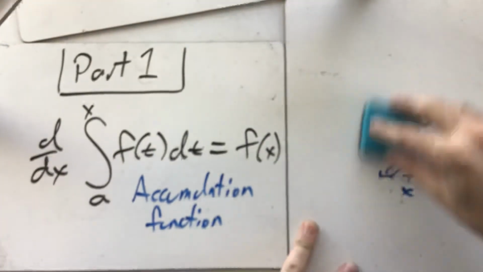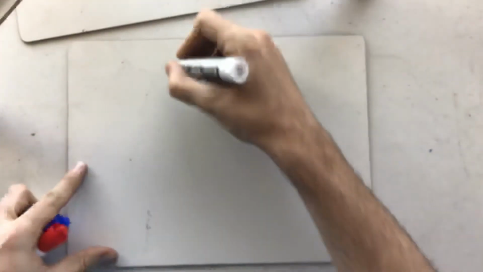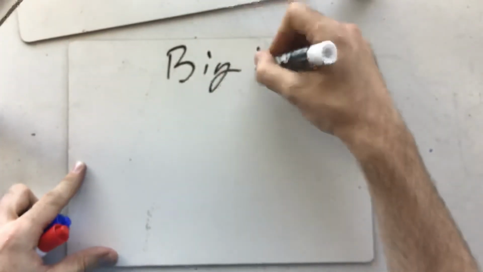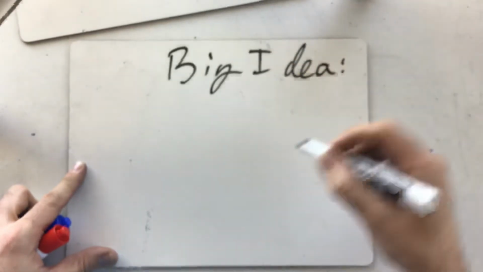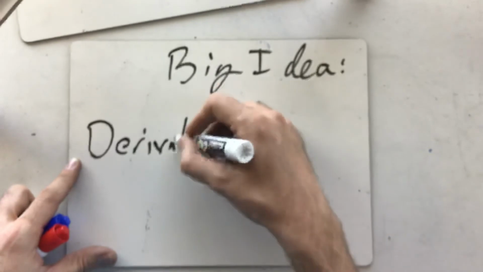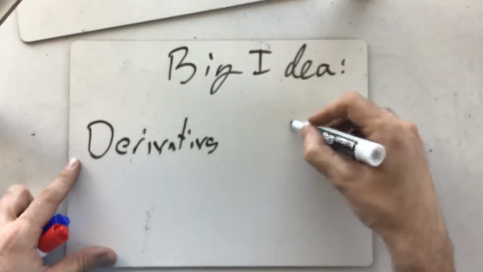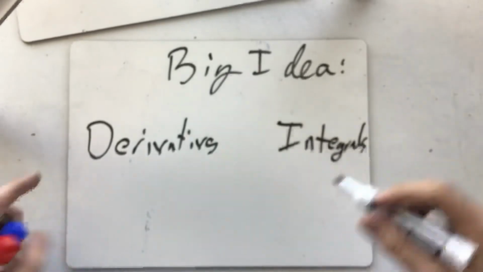So this brings us to really the big idea of the fundamental theorem of calculus. The fundamental theorem of calculus has one big idea. And the big idea is just this: we have derivatives on one side and integrals on the other side.